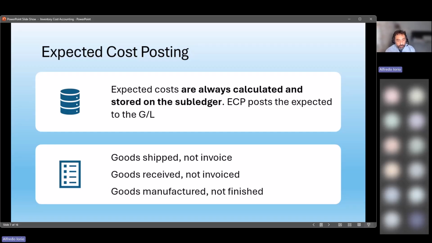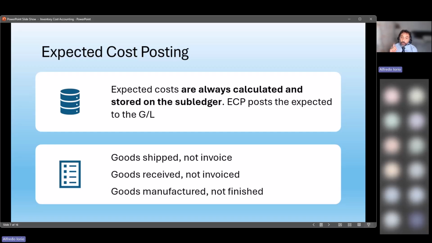So what is expected cost posting? If you enable it, you end up with your goods shipped, not invoiced, in your cost of sales, usually an interim cost of sales. Goods received, not invoiced, in your balance sheet inventory. Again, it can be an interim balance sheet. And also goods manufactured, not finished.